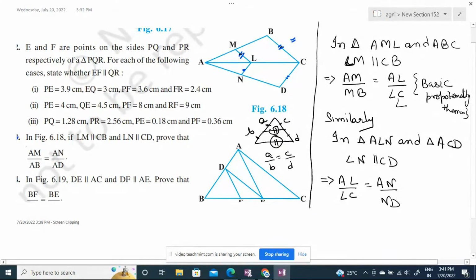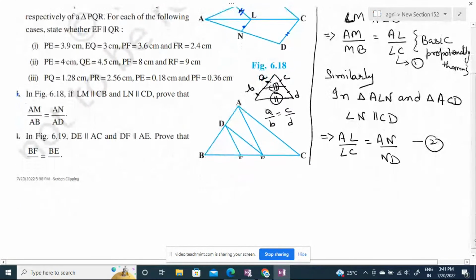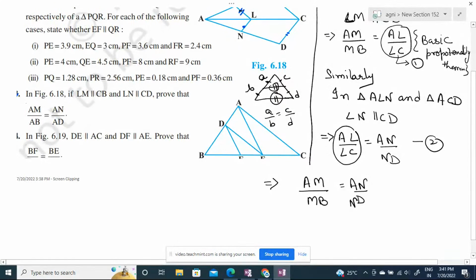This is equation number 1 and this is equation number 2. Now comparing both of them, this is AL upon LC and this is also AL upon LC, so this gets cancelled and we are left with AM upon MB, which is equal to AN upon ND. And this is the required ratio which we have to prove in this question. So we write over here proved. Now this question is completed.